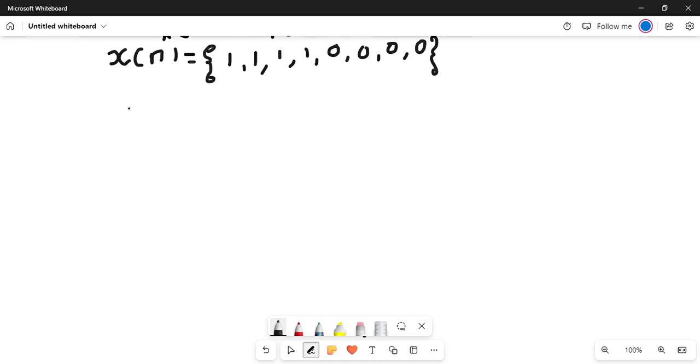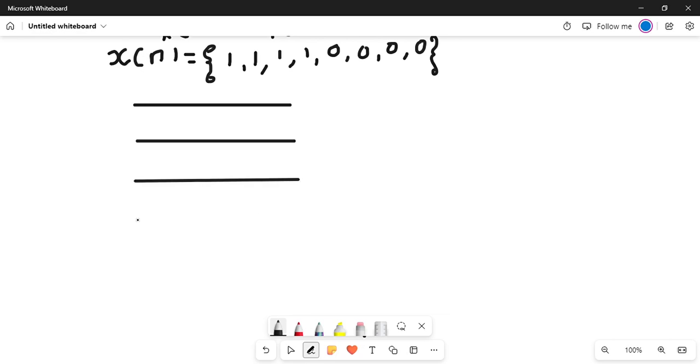So I have to write 8 lines because it's my 8-point. That is my radix-2 DIT-FFT for 8-point DFT, right? That is why I need to have 8 lines, right? 1, 2, 3.